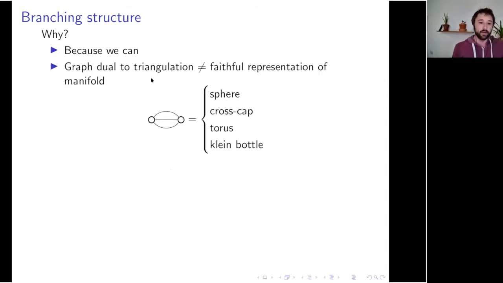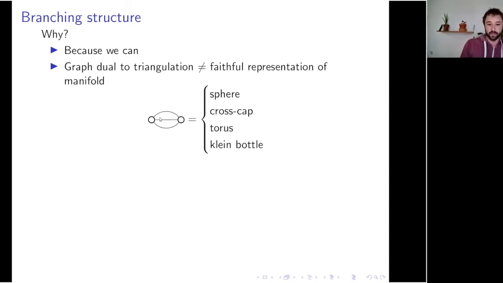One is that I told you that the combinatorial structure of these networks should correspond to continuum manifolds. However, if you look at the Penrose diagrams without this branching structure, then you see that those diagrams are nothing but three-valent graphs. This graph tells you which triangles share a common edge, but it does not tell you which edges they share, and it does not tell you in which directions the two edges are glued.